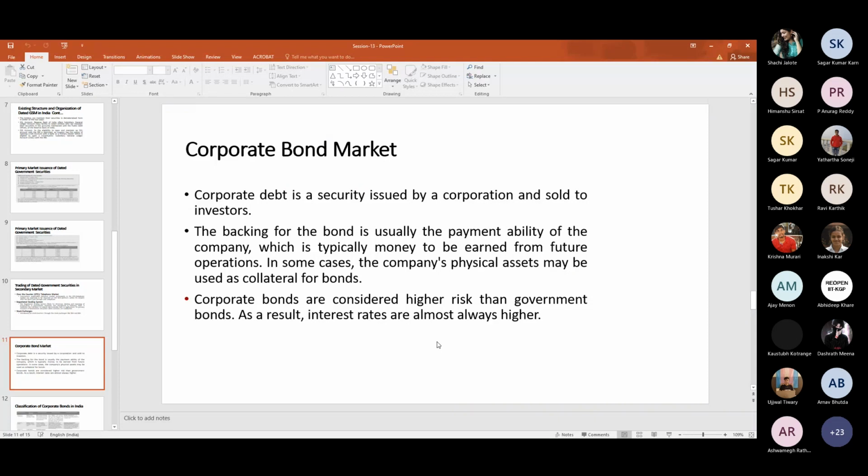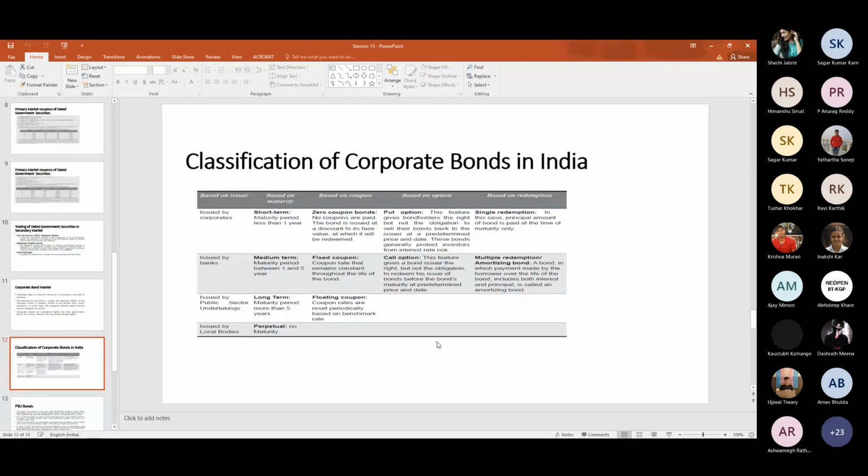But in general, if you look at the corporate bonds in India, they are classified in various ways. These can be classified on the basis of the issuance, who is issuing the bond.